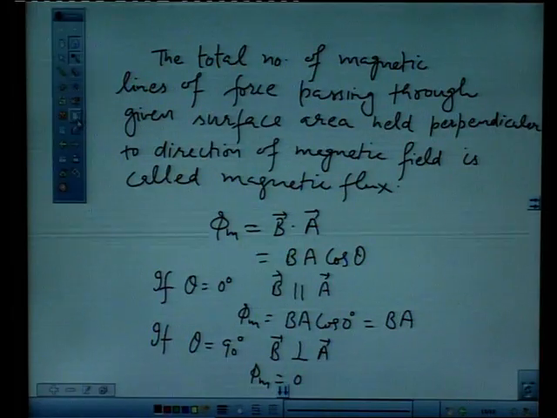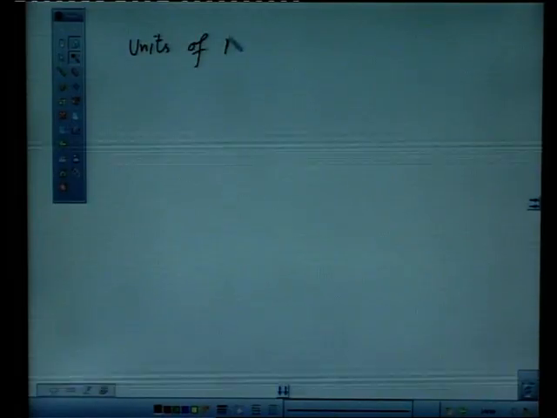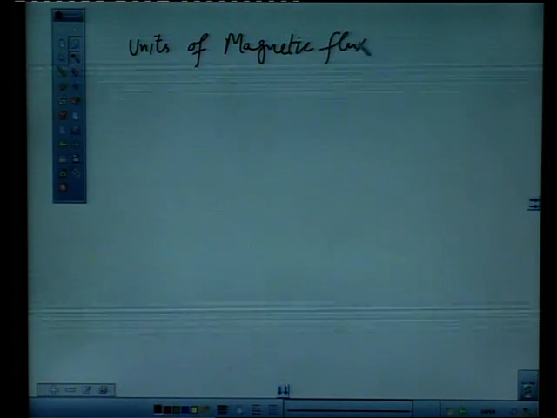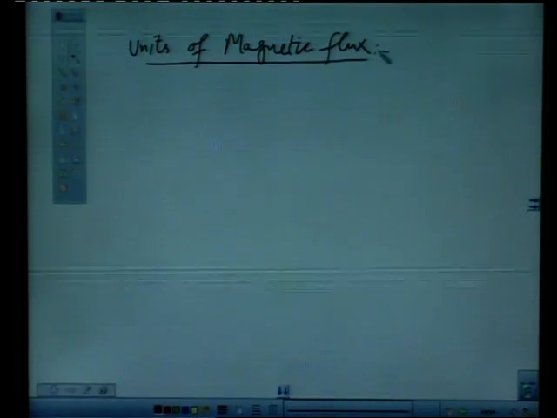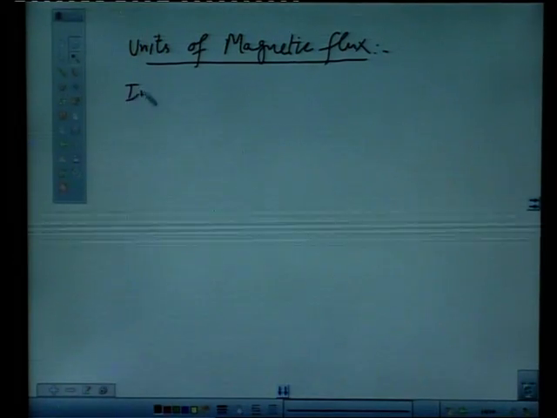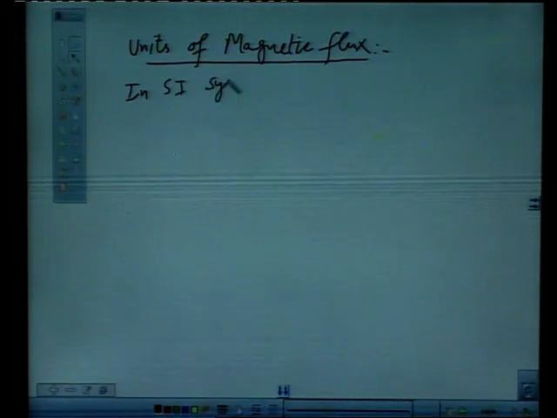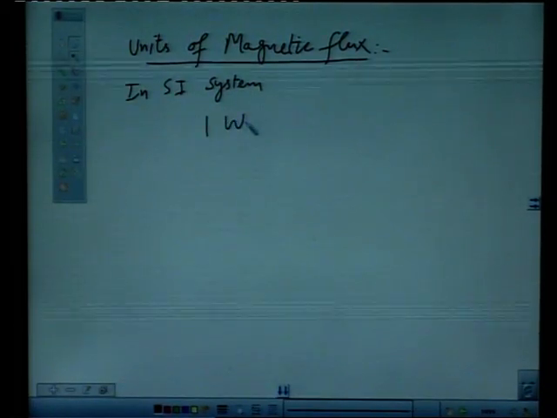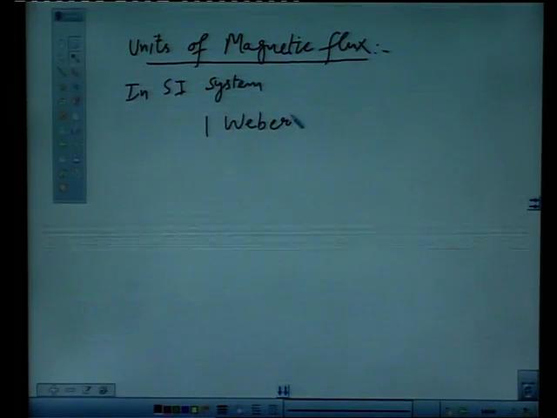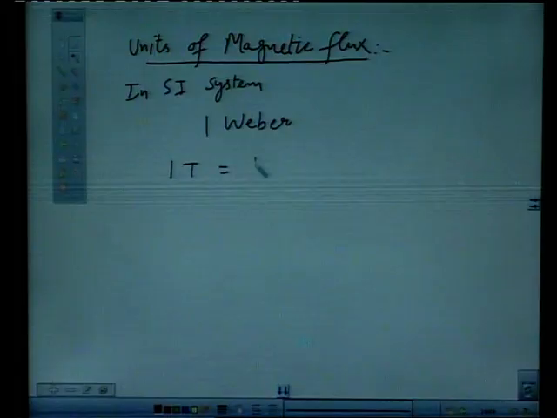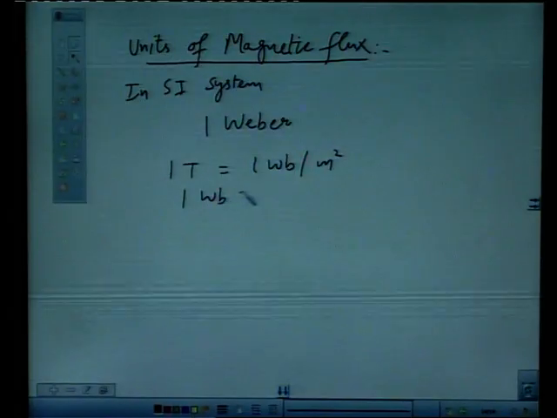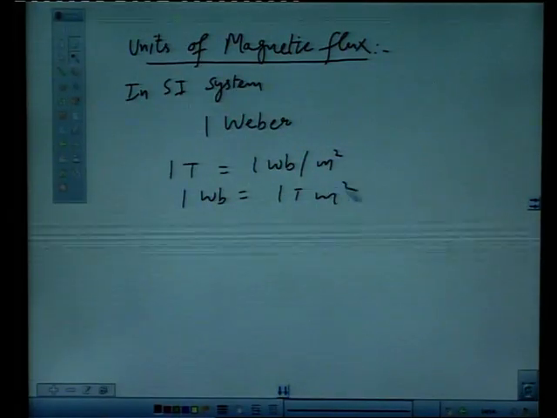Now, next we come to the units of magnetic flux. In the SI system, the unit of magnetic flux is 1 Weber. Since we know that 1 Tesla is equal to 1 Weber per meter square, 1 Weber is equal to 1 Tesla into meter square.